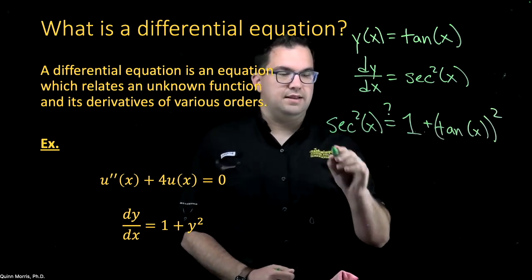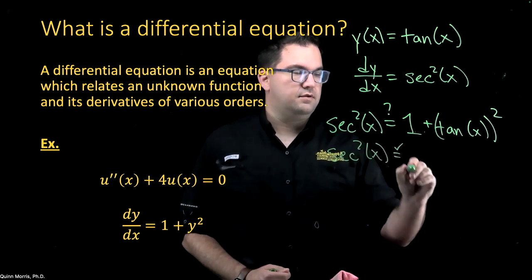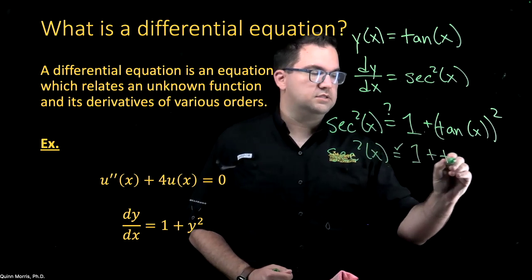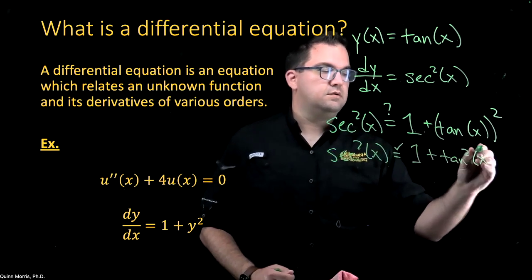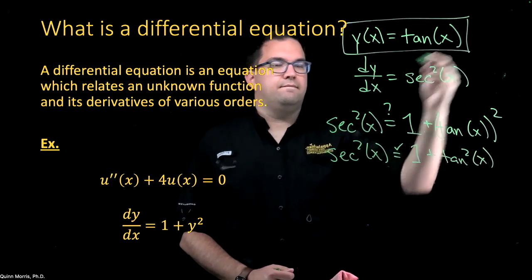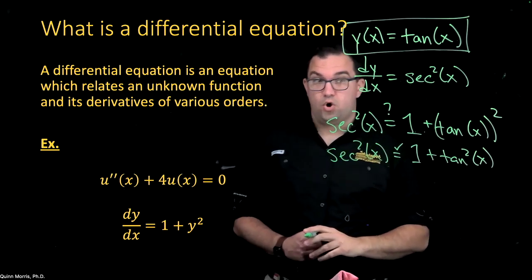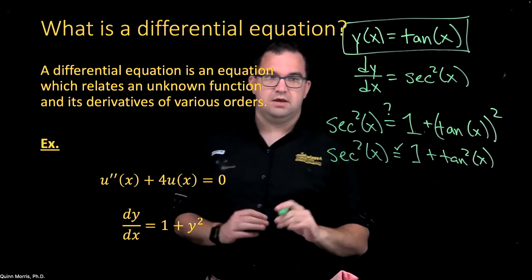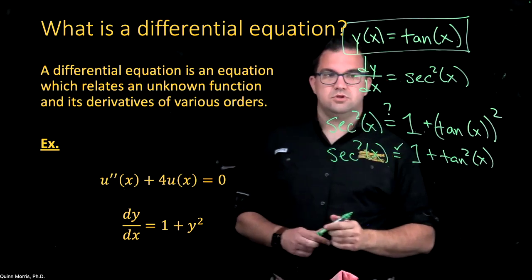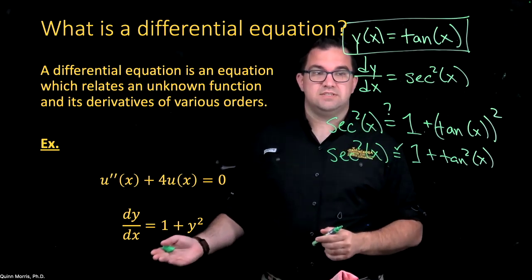This is a trig identity: secant squared of x is in fact equal to 1 plus tangent squared x. And so this is in fact a solution. We'll actually see it's not the only solution. We'll see in a bit what the other solutions are, but it is a solution to this differential equation.